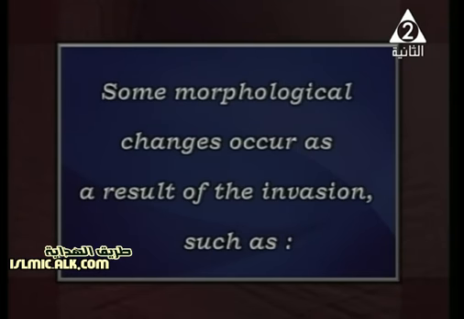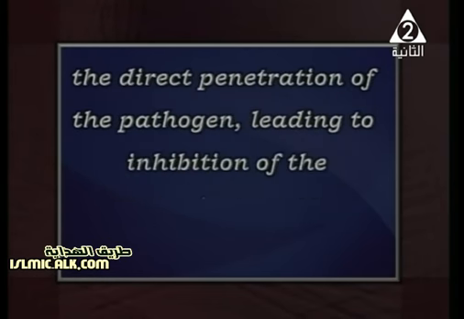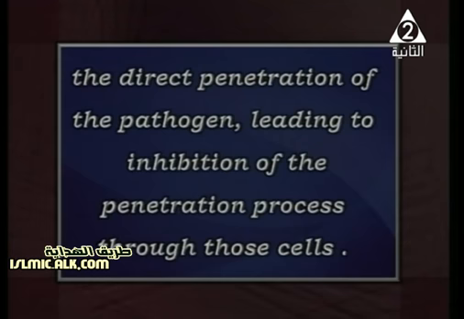It may be changed after infection by a pathogen, like swelling of the cell walls of epidermal cells, and also the swelling of cells under the epidermis during what? During the direct penetration of the pathogens.